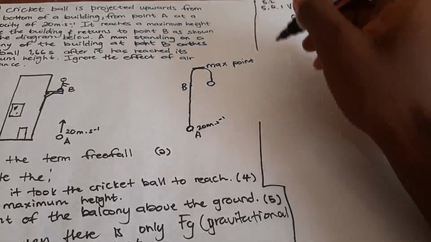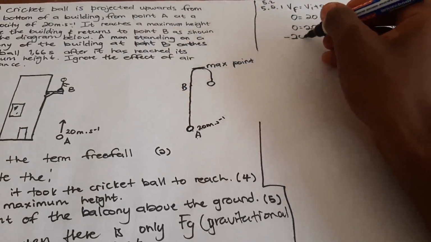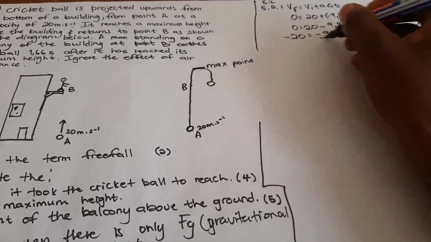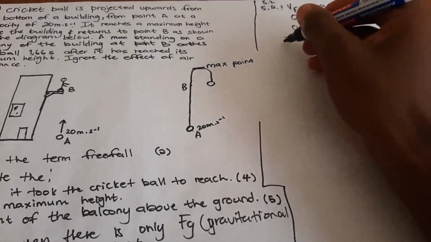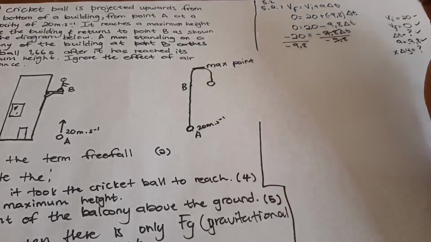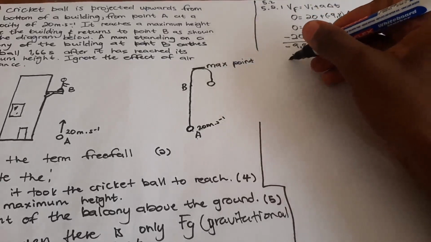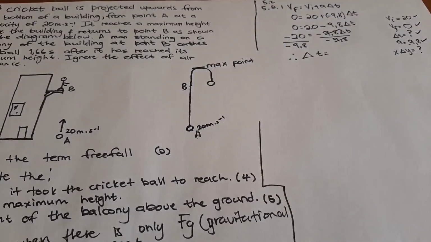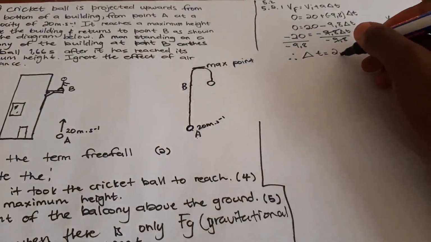We move it over, so 20 equals 9,8 change in time, then divide by negative 9,8 on both sides. The negatives cancel, so our change in time equals negative 20 divided by negative 9,8, which is 2,04 seconds.